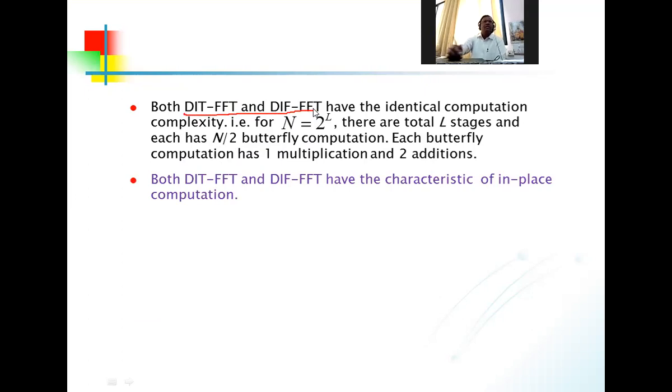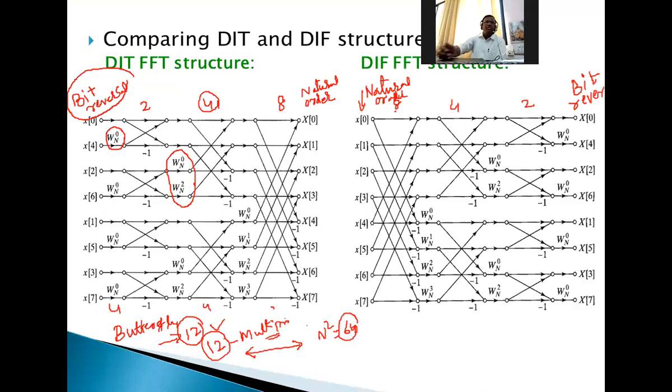Next, both DIT-FFT and DIF-FFT have the characteristic of in-place computation. In-place computation means that once you calculate the values of the first stage, there is no need to remember the input for the first stage.